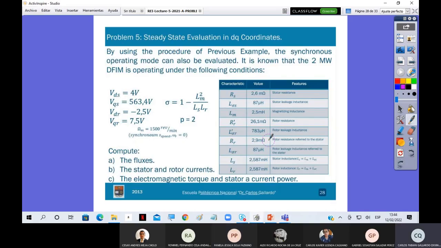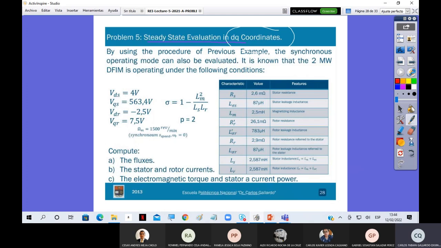So once again, I need to carry out the steady state evaluation, but in this case in the DQ coordinates. Normally the state space representation of the doubly fed induction machine in the DQ reference frame is especially useful in obtaining the steady state for given stator and rotor input voltages.